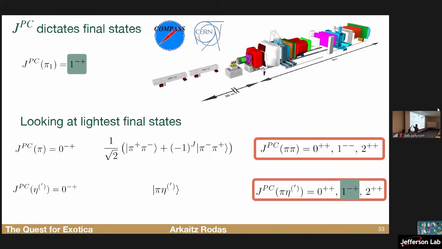If you have 2 pions, they don't have a spin, so you will have to have a state where the 2 pions combine with a unit of angular momentum to create this J equal 1. That means something for the permutation relation, because they are identical particles. This is why you don't get that state. The point here is that pions and etas have the same quantum numbers. The final state is different just because one you have to combine in a specific way depending on the angular momentum they have, and the other one does not.